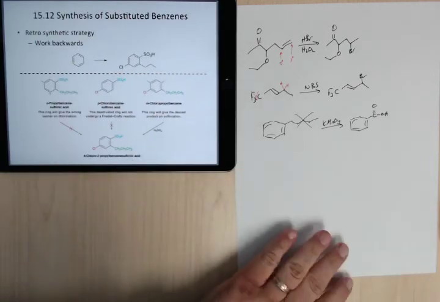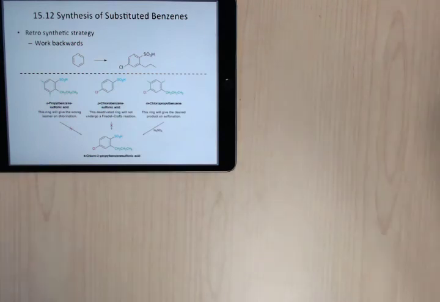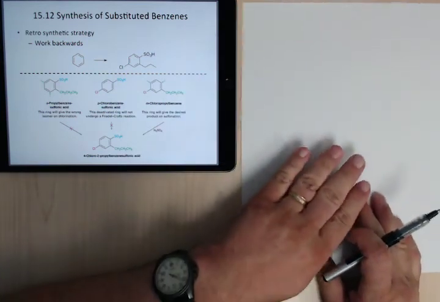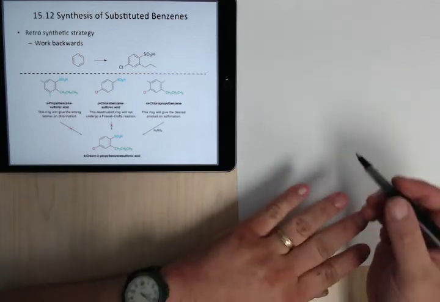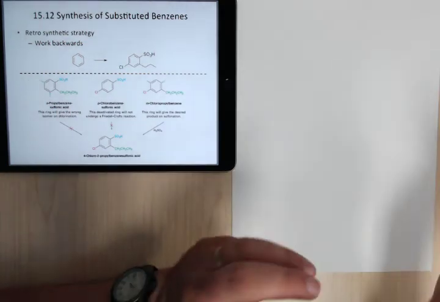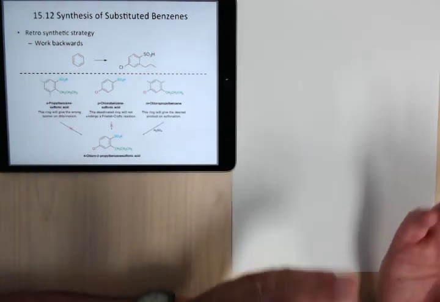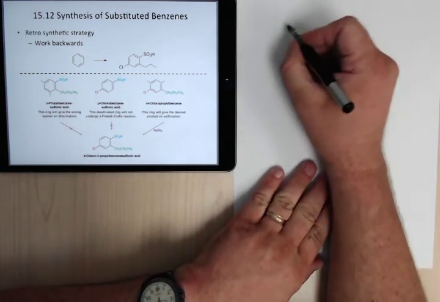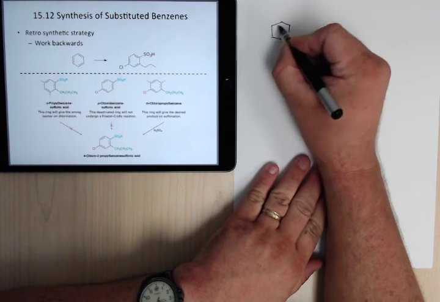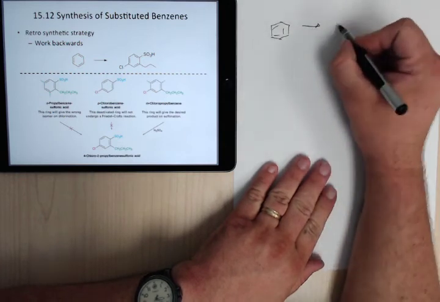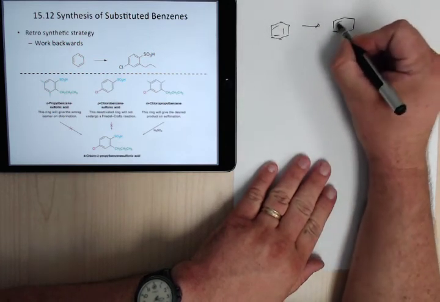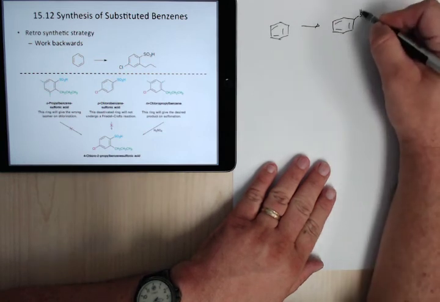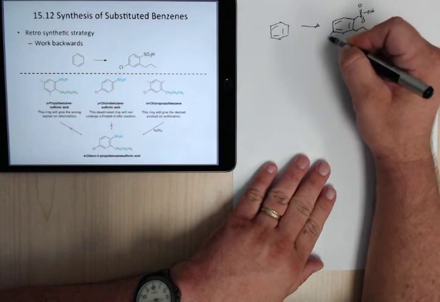Okay, so synthesis for this. How do we put this together? Not only do we have to think about the chemistry, how we put the groups on, but also the order in which we put them in, because of this ortho-para issue. So typically what you want to do is work this backwards. Let me draw this out. HCl.